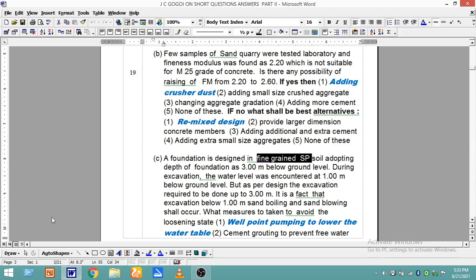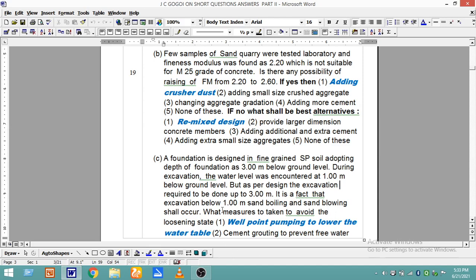But here, we are getting the water table at 1 meter and we have to excavate up to 3 meter. So 2 meter excavation underwater is not possible. There shall be sand boiling and sand blowing.